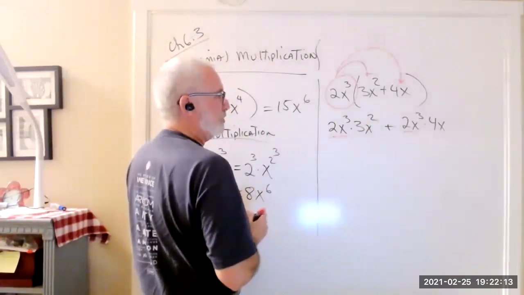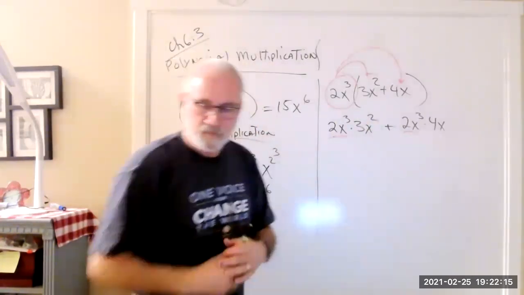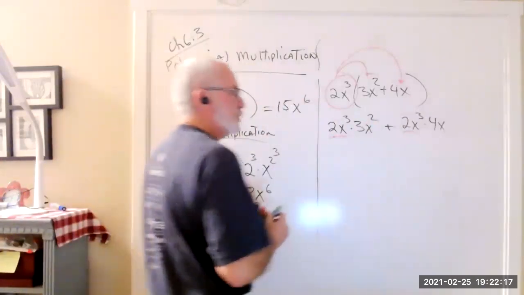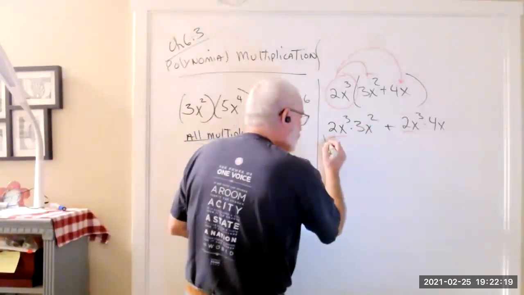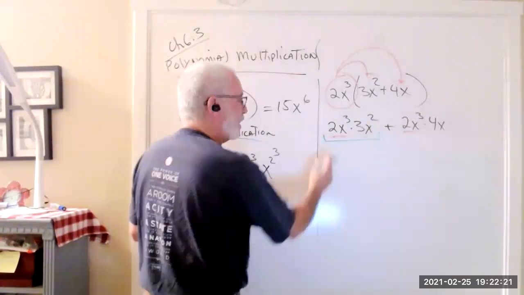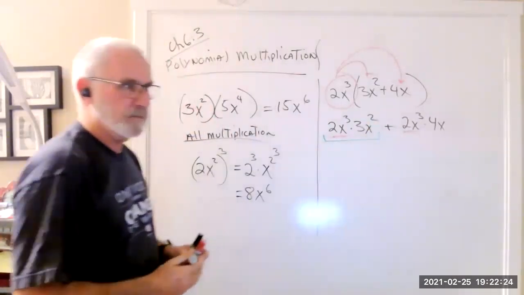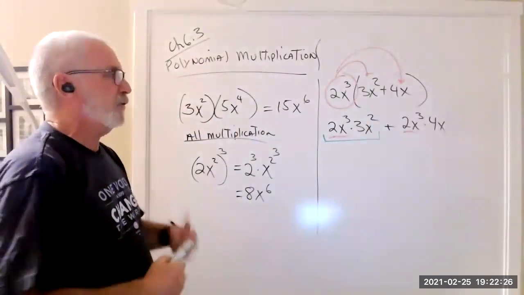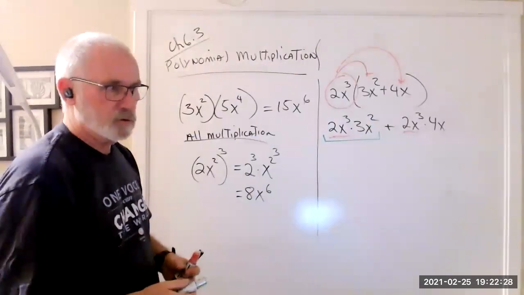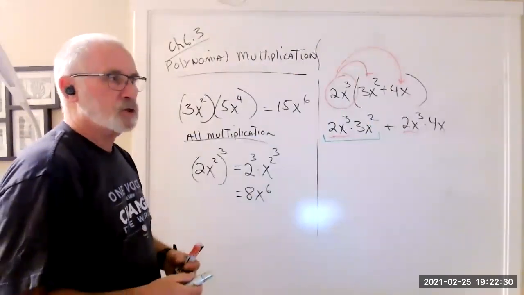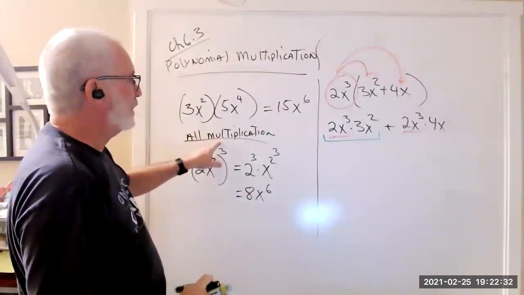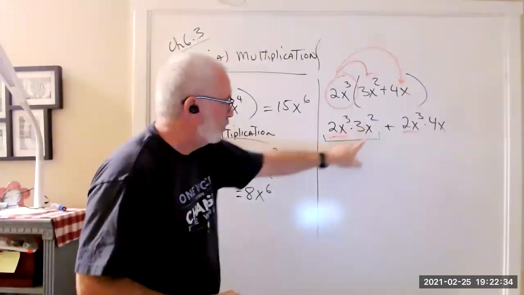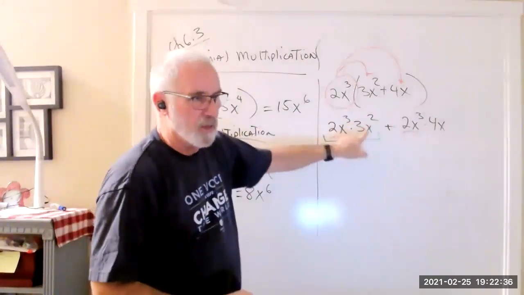Now, change the focus of your work. Just look at that part of the problem that I've underlined in green. That is all multiplication. So now, because it's all multiplication, I can use my rules of exponents on that part of the problem.